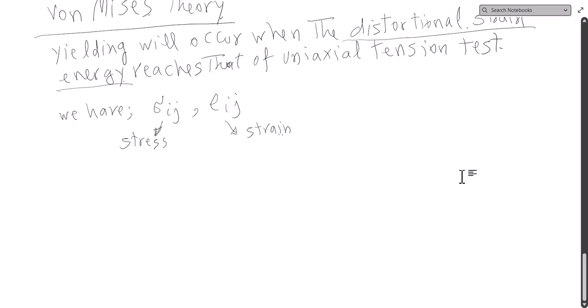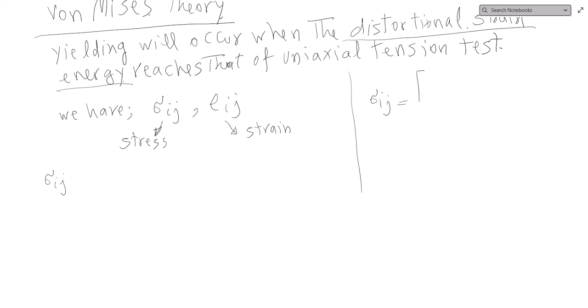Now, what we do here, we come and write sigma ij. If you recall, on the side, I should say that sigma ij in three dimensions is, and then symmetry for the other terms.